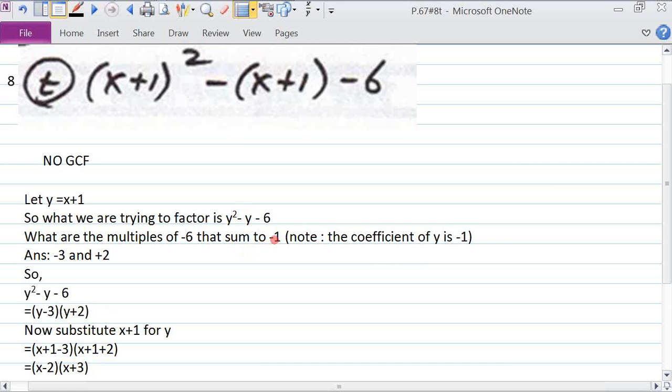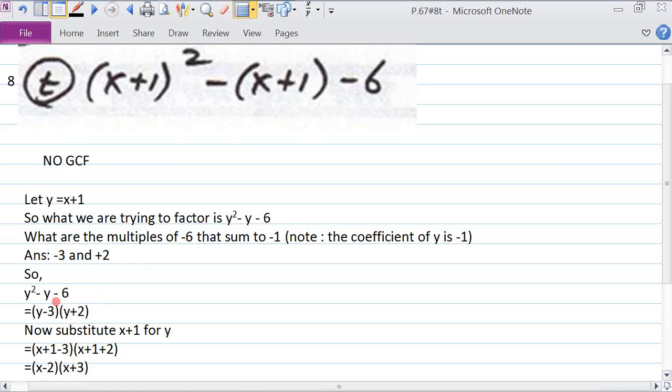So that's where I come out with a minus 1. So I say to myself, what are the multiples of minus 6 that sum to minus 1? And the answer is minus 3 and plus 2. When I multiply minus 3 and plus 2, I get minus 6. And when I sum them, I get minus 1.